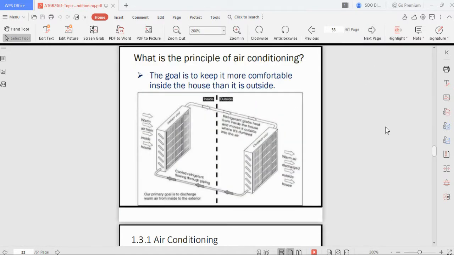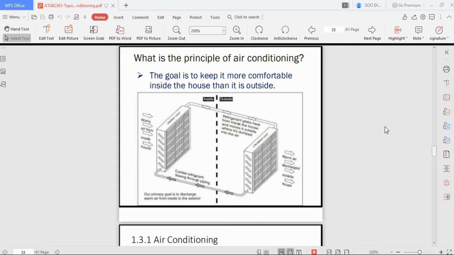So what is the principle of air conditioning? It is to keep us comfortable inside the house compared to outside. If it is warm outside, like in Malaysia, we are a tropical country, we are warm 24/7, and at noon it will be 30 degrees Celsius, which is blazing hot.